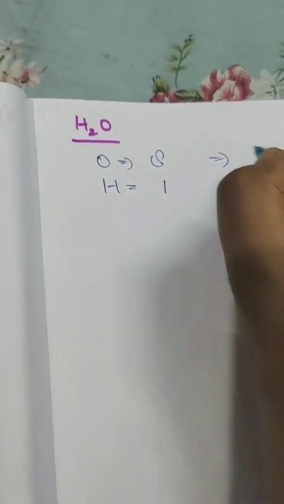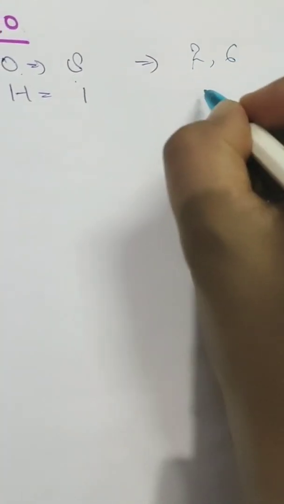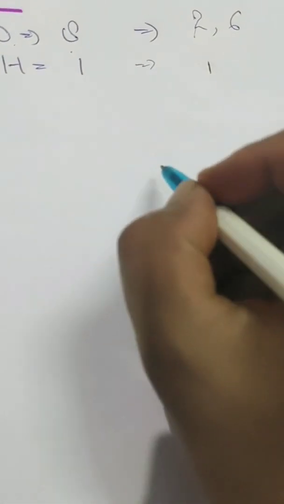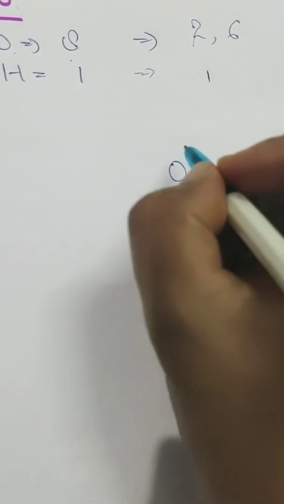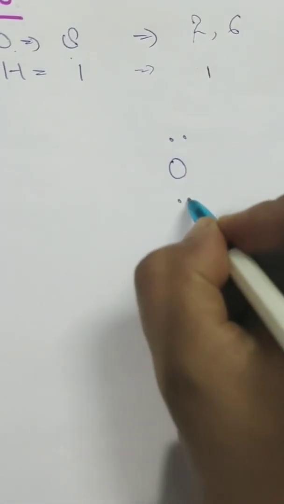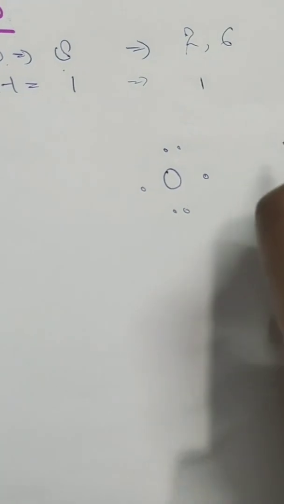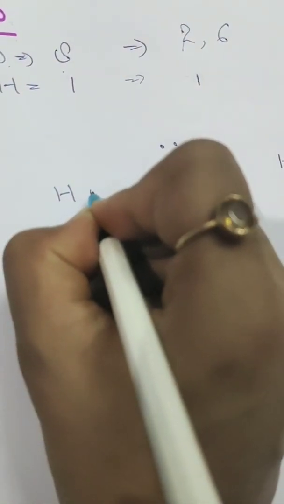So the configuration of oxygen is 2, 6, and for hydrogen it's only 1. So how do all these things bond? Oxygen needs 2 electrons and it has 6, and the hydrogen needs 1 electron.